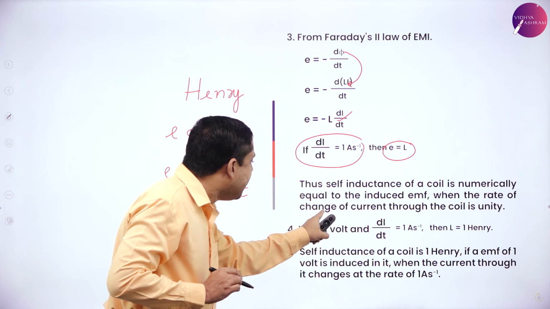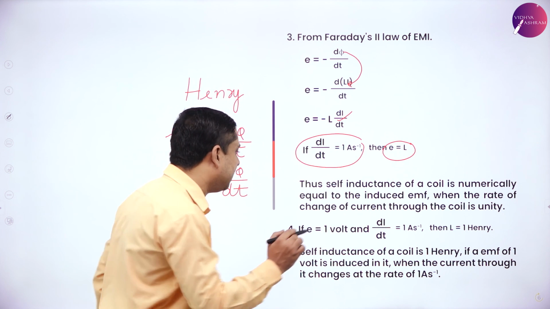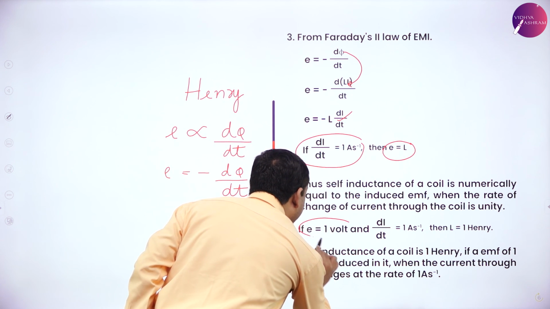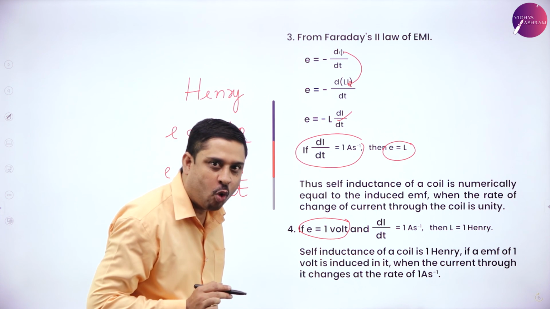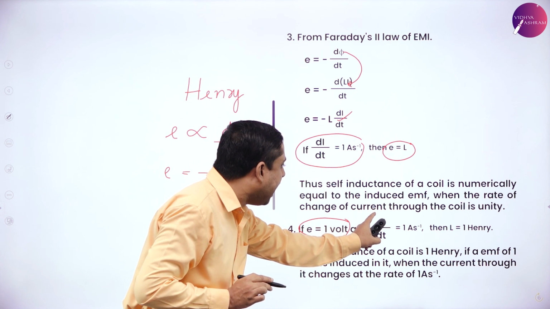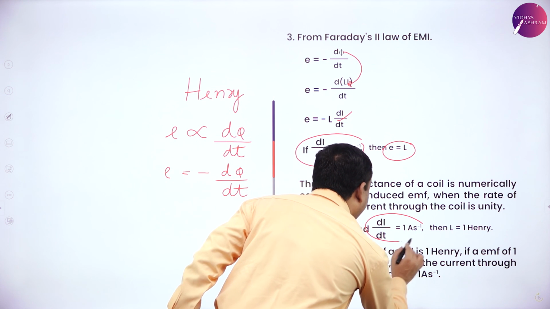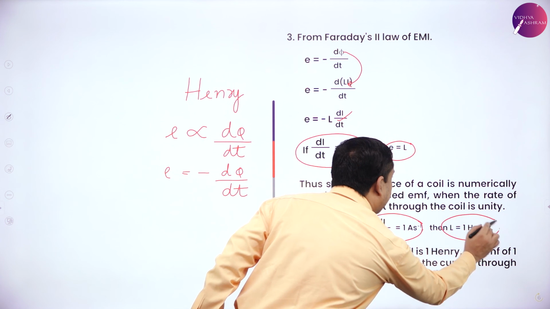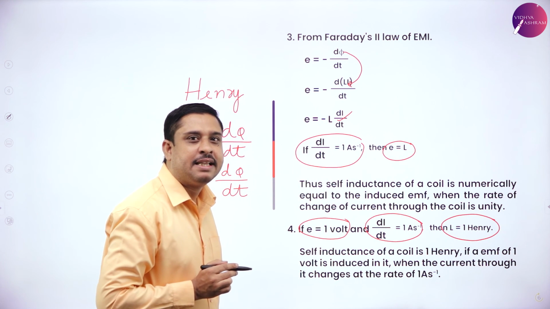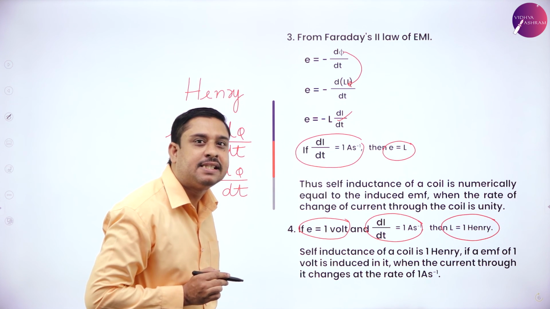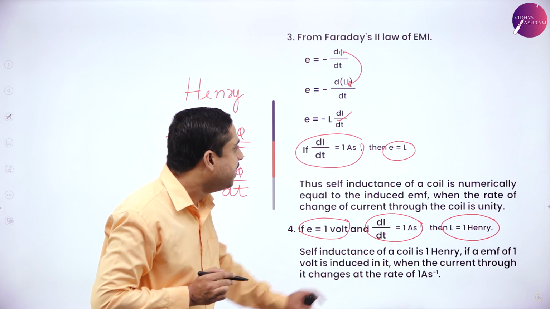If E is 1 volt, the induced EMF is 1 volt, and the rate of change of current is 1 ampere per second, then the self-inductance is 1 Henry.